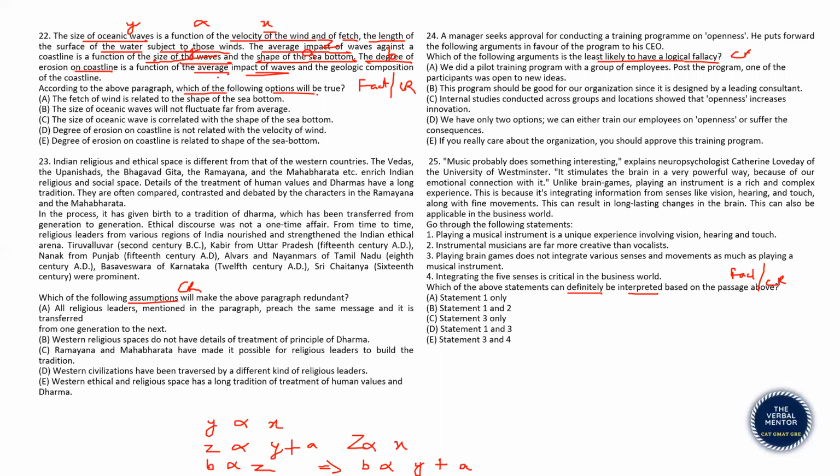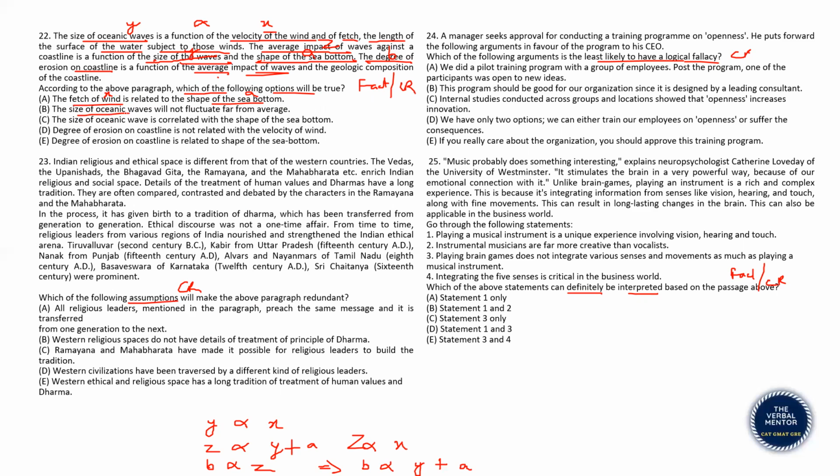According to the above paragraph, which of the following options will be true? The fetch of the wind is related to the shape of the sea bottom. No. Fetch and sea bottom are not related. The fetch was the x part. Sea bottom was the a part. X and a bear no direct relationship according to our equations.